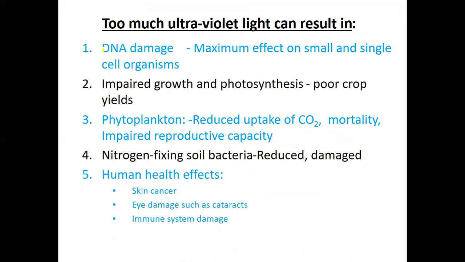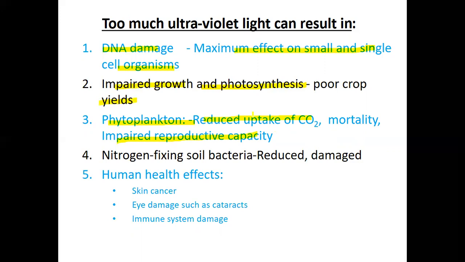It can damage DNA, with the maximum effect on small, single-cell organisms. Then impaired growth of cells and photosynthesis yields poor crops. Phytoplankton, the very tiny plants in our aquatic systems, show reduced uptake of oxygen and CO2, mortality, then impaired reproductive capacity.